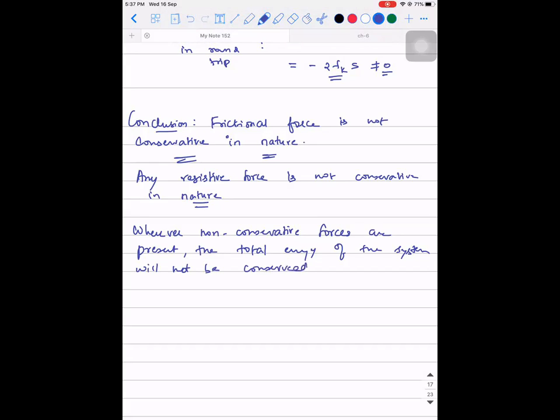Means there will be loss of energy in the form of heat, light, or sound.